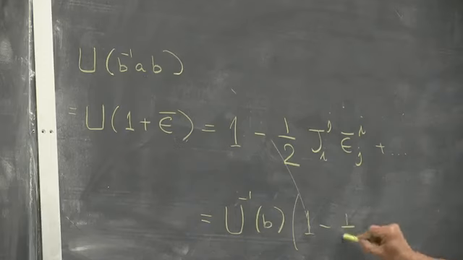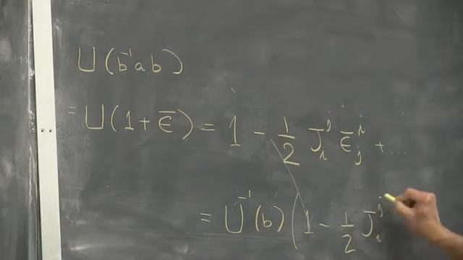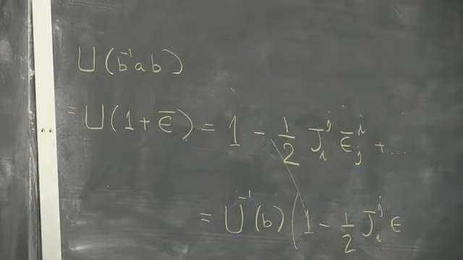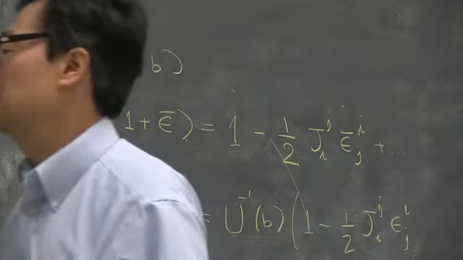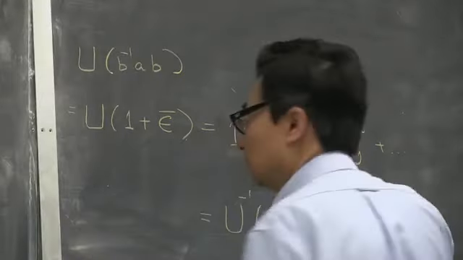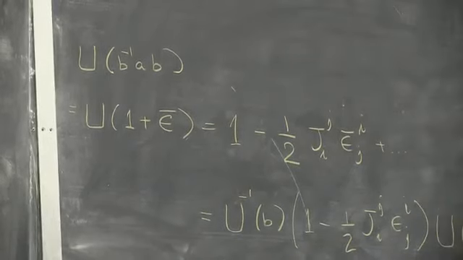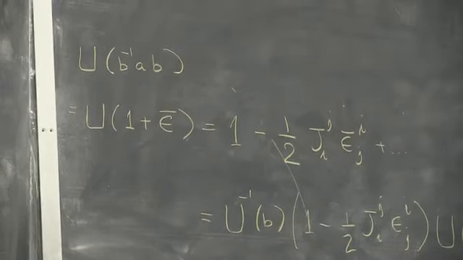It's 1 minus 1/2, again, the same J_ij's, right? J_ij. This time it's just the epsilon itself, because the epsilon are the ones that are the infinitesimal numbers that correspond to A. Okay? That's the middle factor in here. Finally, I just write this as U of B like this. Okay? And obviously, plus higher orders in epsilon, which we're going to ignore.